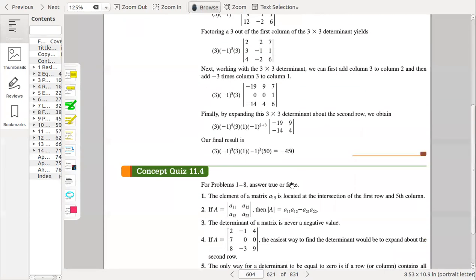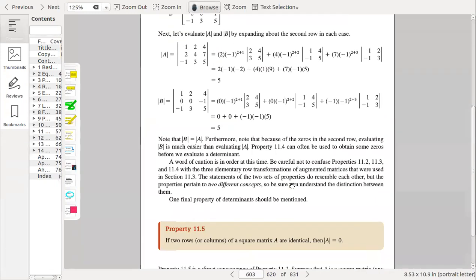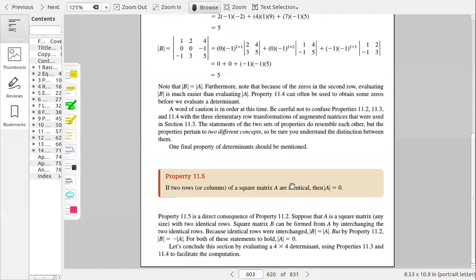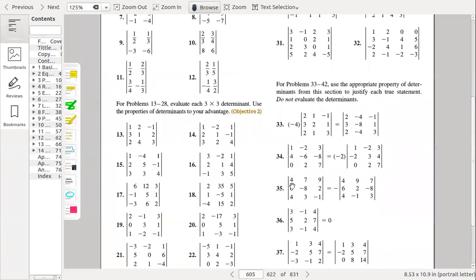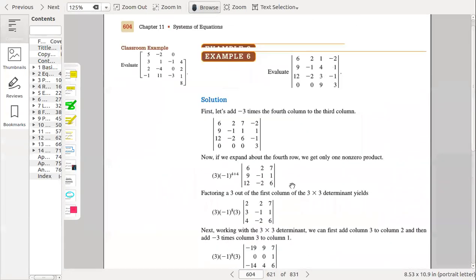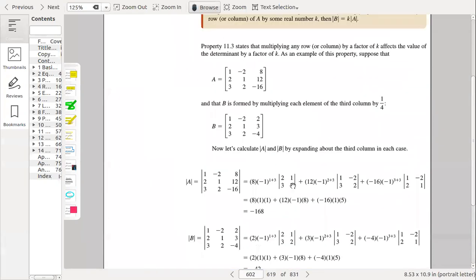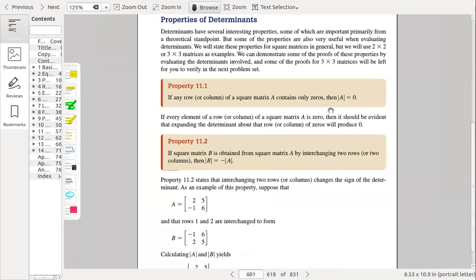Okay, so these are the 5 properties. I think it should be the 7th, but okay, 5 is enough. Now we can discuss these properties one by one.